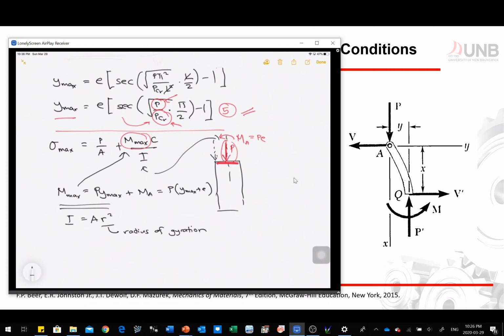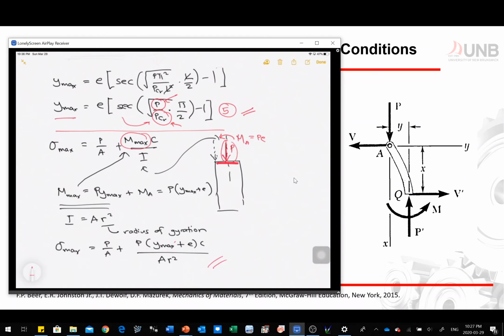If we substitute it back into our maximum stress, we end up with the following equation: P over A plus P times Y maximum, that's the maximum deflection, plus E times C divided by A r squared. So we're going to get this equation right here.